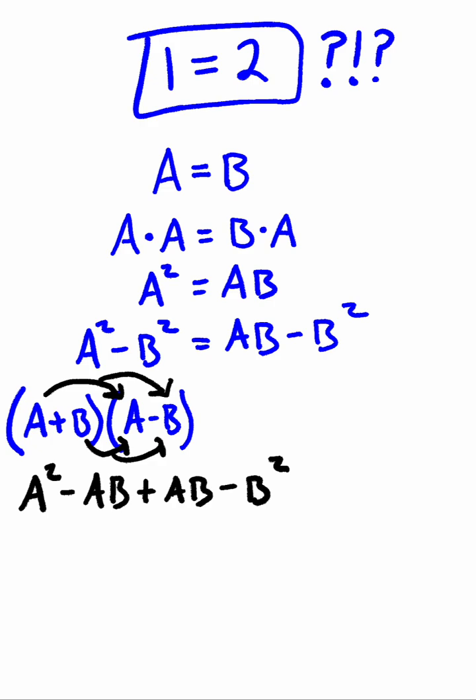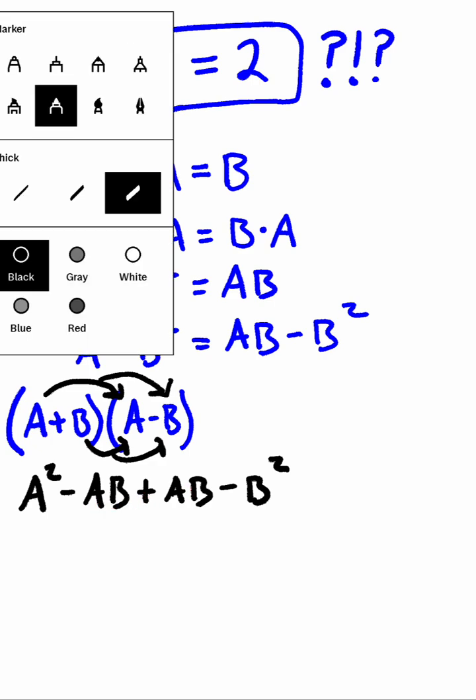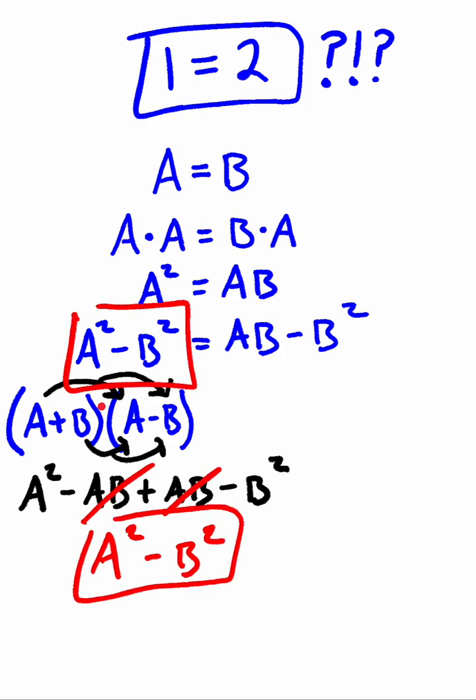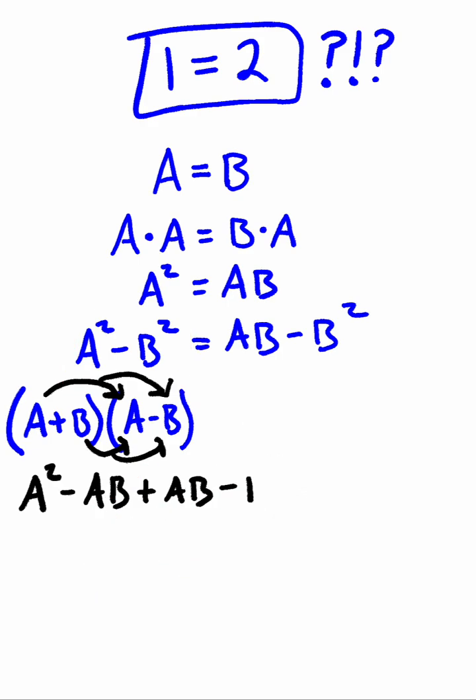Well, what happens to negative AB plus AB? Those of course cancel out. So we're left with A squared minus B squared, which, note, is exactly where we started. So this factoring of the difference of squares is valid. If you undo it, it produces exactly what you started with. So it's mathematically equivalent.